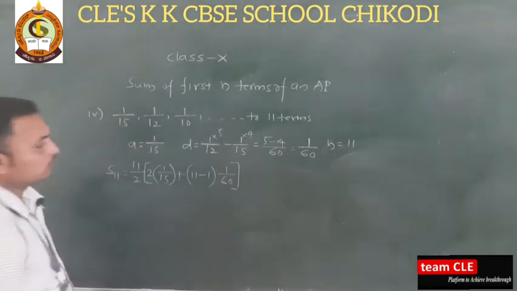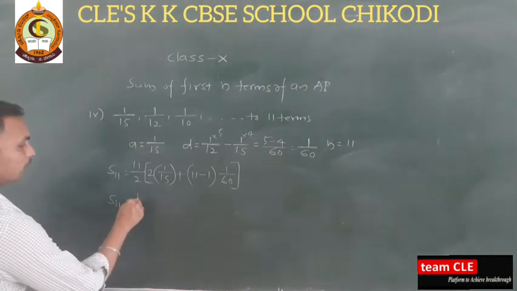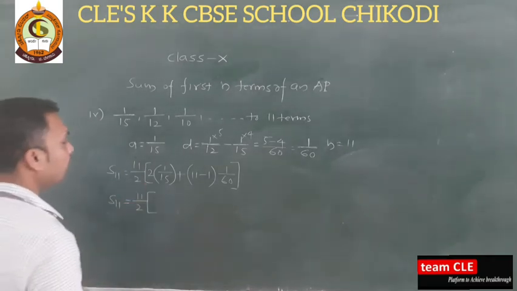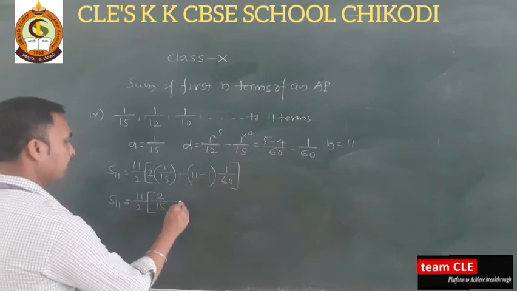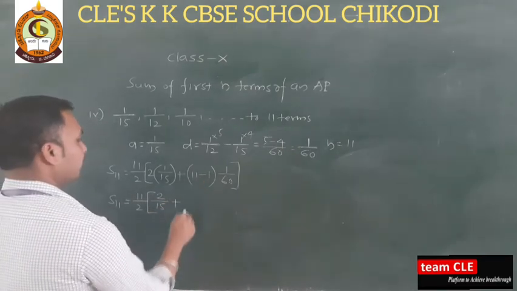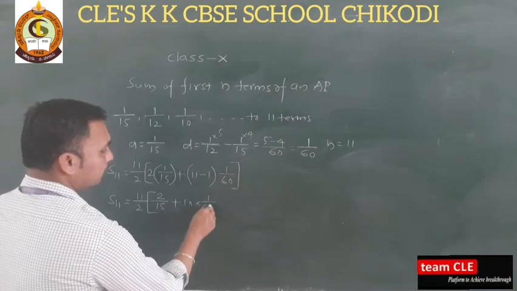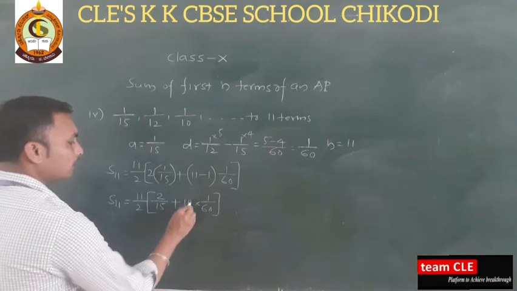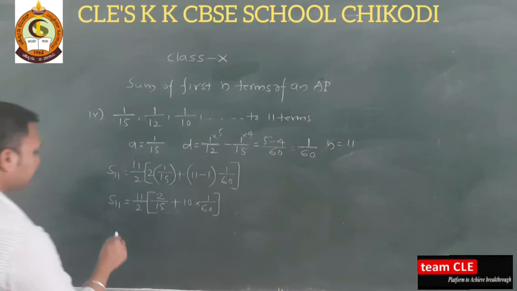Well, so next S11 is equal to 11 by 2 into bracket of 2 by 15 plus 10 into 1 by 60. So next step, better I'll solve one more step here.